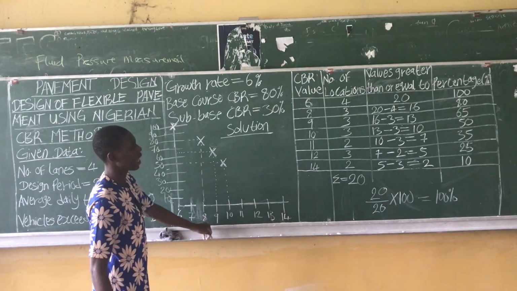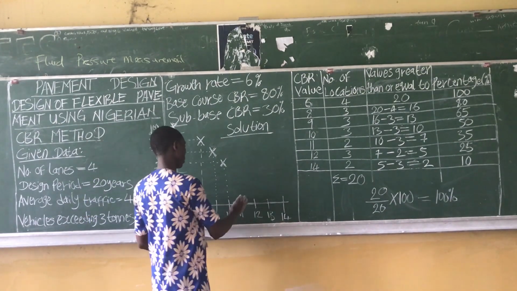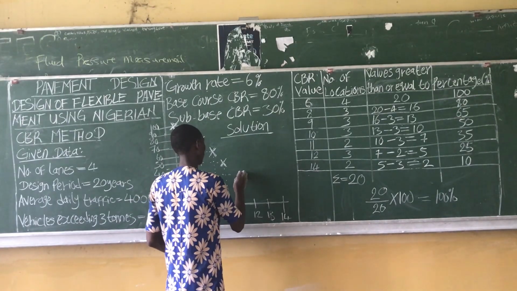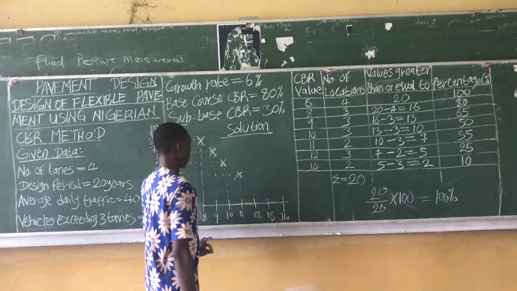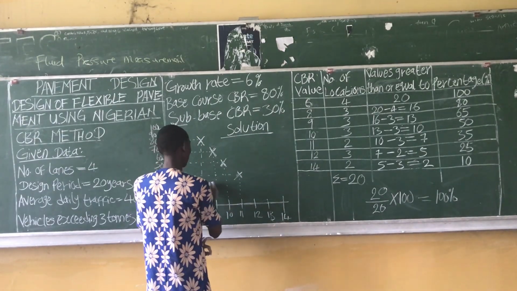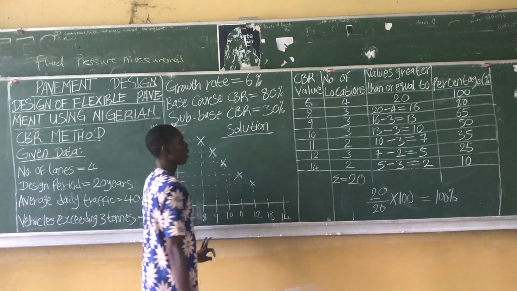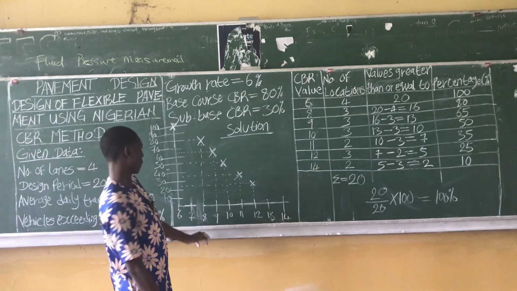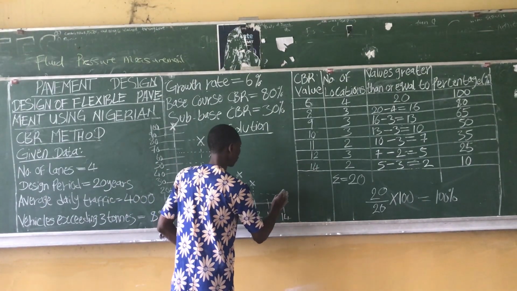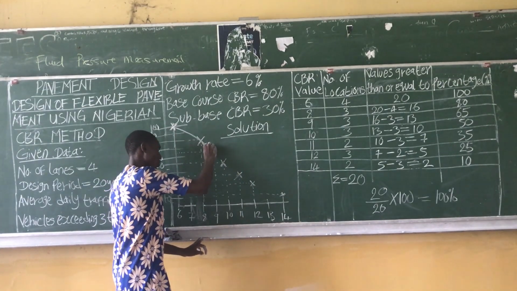At the CBR value of 11, we have a percentage of 35. So we use a curve, we join these points.